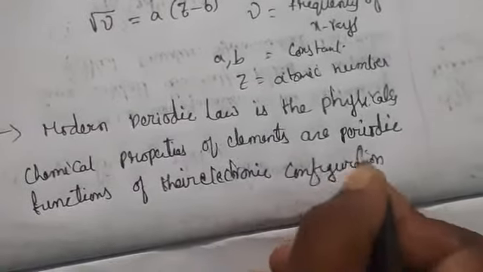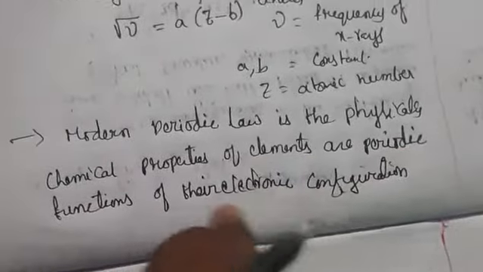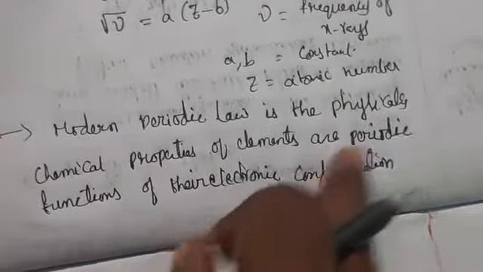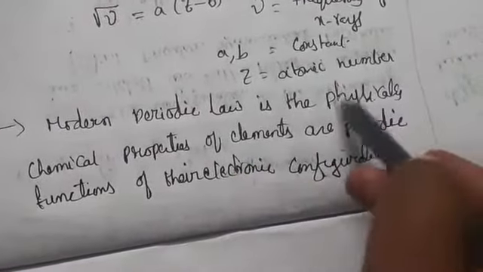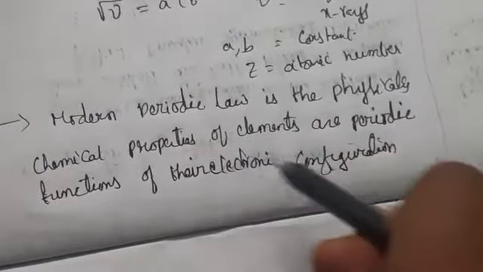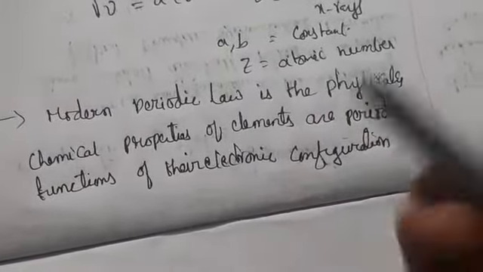What is the meaning here? When you write the electronic configuration, automatically the physical and chemical properties of these elements will depend upon the electronic configuration only.